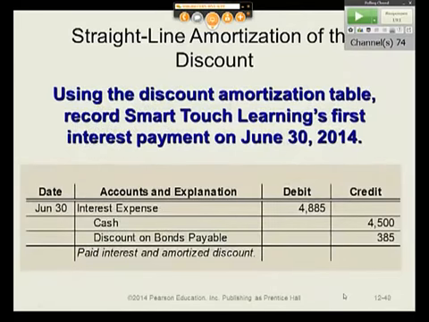The journal entry will debit interest expense for $4,885. You credit cash for $4,500, and you credit the discount. Now, one of the things that you're not going to see precisely here because we're using straight line amortization, but what you have to think about conceptually, when you're debiting interest expense for $4,885, that reflects the market rate of interest.